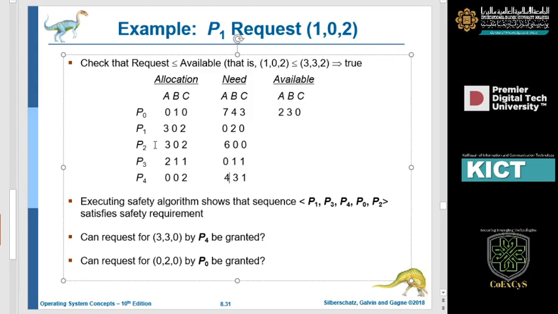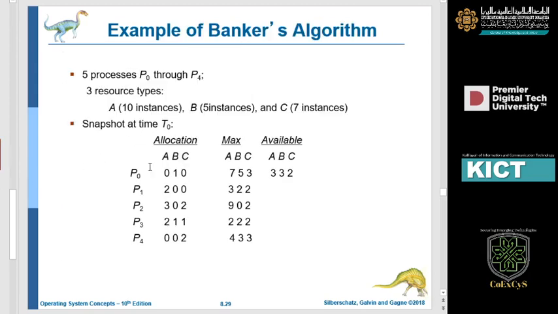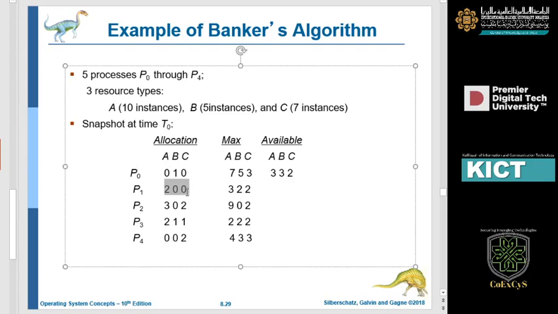And you can see now that P1, because it gets 102, the amount allocated to it actually increases, and how much more it needs reduces. Previously the amount allocated was 200, and the maximum is 322.